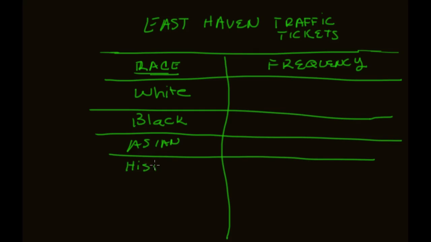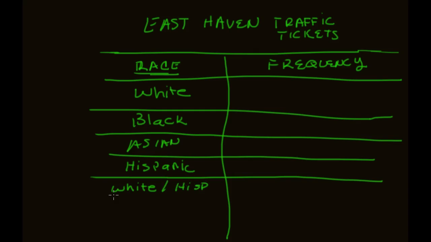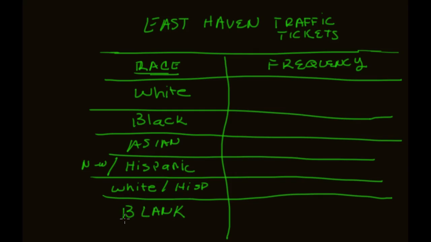Hispanic, and they had it as white and Hispanic, which is interesting to me because that's a distinction that we commonly make. So I'm assuming that this group, Hispanic, would be non-white Hispanic as opposed to white and Hispanic. And then there were some tickets that had no indication of race. So either the person did not self-identify or the reporting officer did not identify the race of the person. Race is a funky thing when it gets reported.